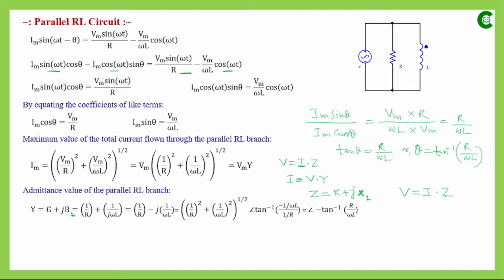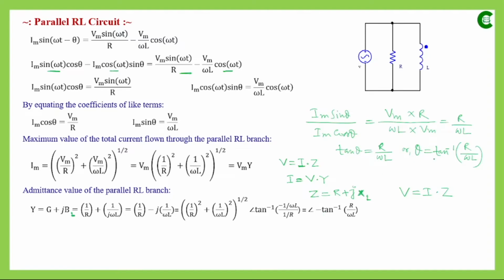So it will be positive tan inverse R by omega L. So this phase angle is associated with the impedance value, and this phase angle is associated with the admittance value, but both give us the same value, only the difference is plus and minus, but we have to think that way.